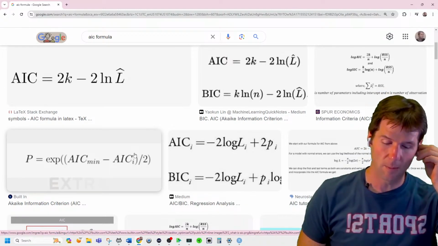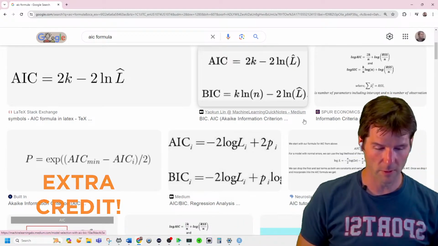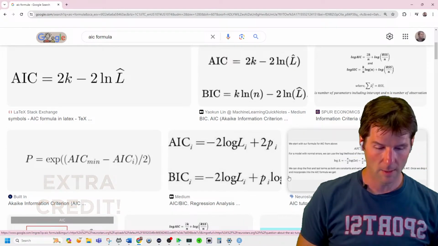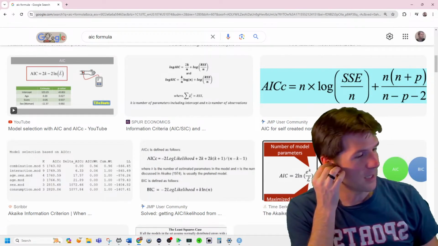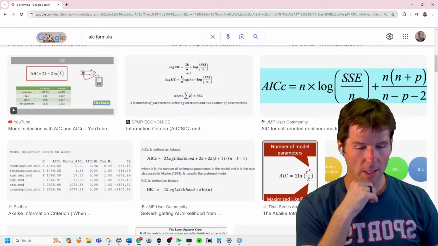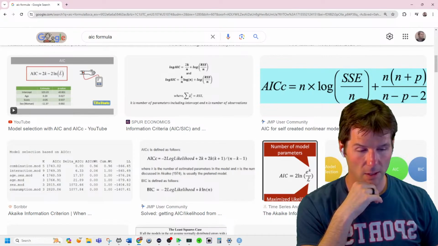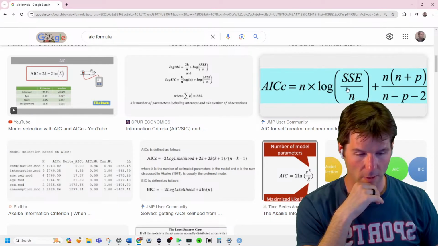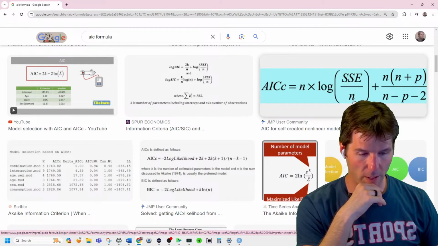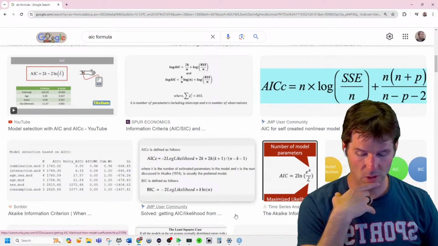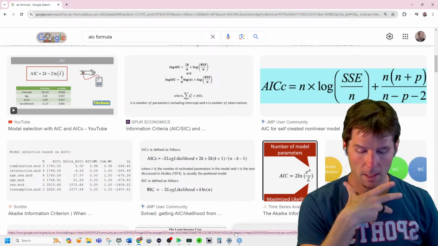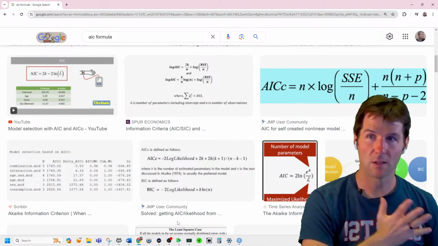Negative infinity. Yep, because it just gets lower and lower. So it just goes to negative infinity. The best AIC would have no error. And actually, this is it right here. Look at this formula with the sums of squared error of the model over the sample size times n. If your sums of squares is 0, you get log of 0, and if you take the log of 0, it goes to negative infinity.